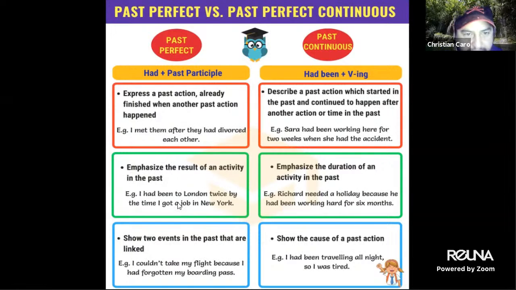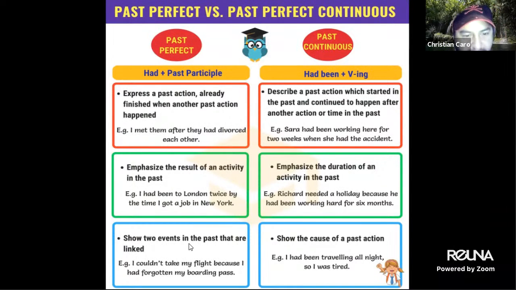And the other case, past perfect simple, I had been to London twice by the time I got a job in New York, so always finished actions, you know. Being in London, like maybe you went and visited 2 times, and by the time I got a job, I got a job as a finished action. That's the difference between past perfect simple and past perfect continuous.